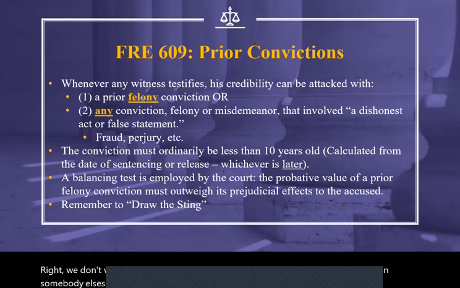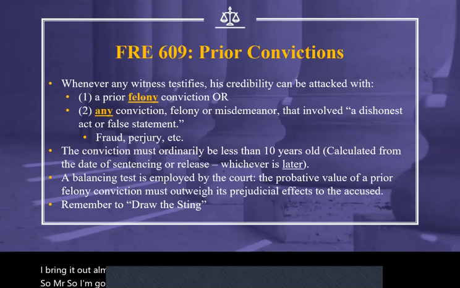Now, remember, we talked about this before, draw the sting. So if you get up there and you have your witness, and your witness has a felony conviction or has a conviction involving a dishonest act or a false statement, bring it out, right? Bring it out almost right away. Okay, Mr. So-and-so, I'm going to jump right in and ask you, have you ever been convicted of a felony?